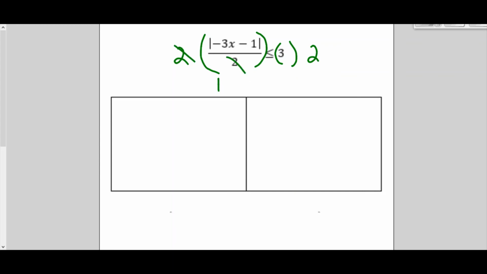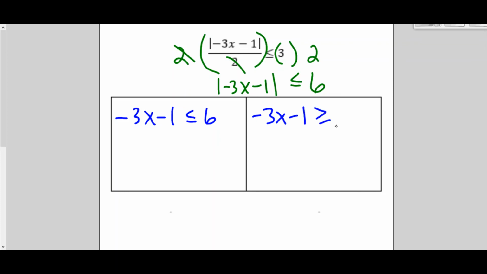So I get the absolute value of negative 3x minus 1 is less than or equal to 6. So now create your two problems. So this would be negative 3x minus 1 is less than or equal to 6, or negative 3x minus 1 is bigger than or equal to negative 6. I'm going to let you finish solving that one.